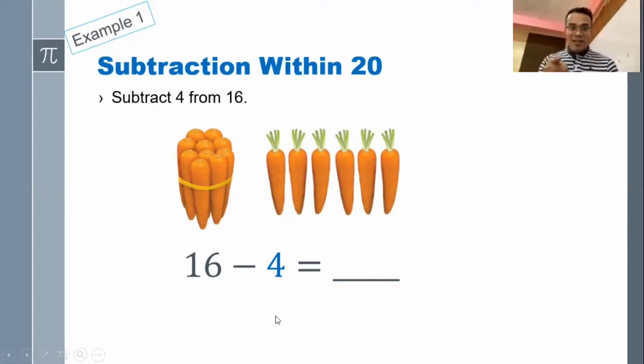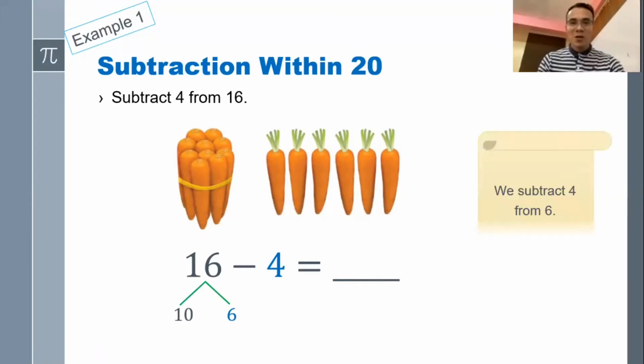Grade 1, 16 is the same as 10 and 6. Or 10 plus 6 is 16. How do we proceed? We subtract 4 from 6. And how do we do that? We are going to cross out 4 carrots from these carrots.